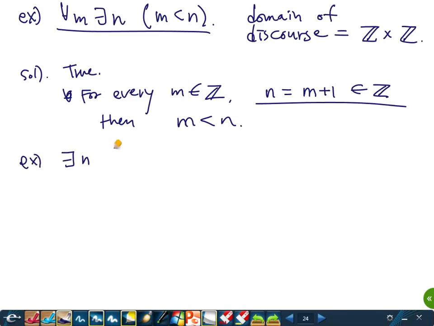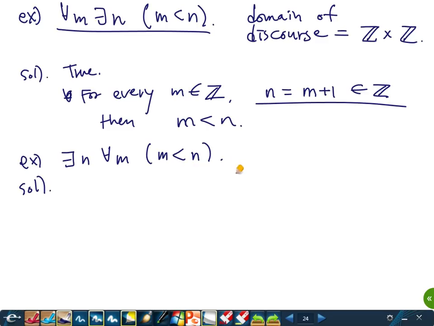There exists n for all m, the same domain of discourse. All of them are integers. Is this true or not? So I just changed their order. Do you think we can change this order without changing the truth value?